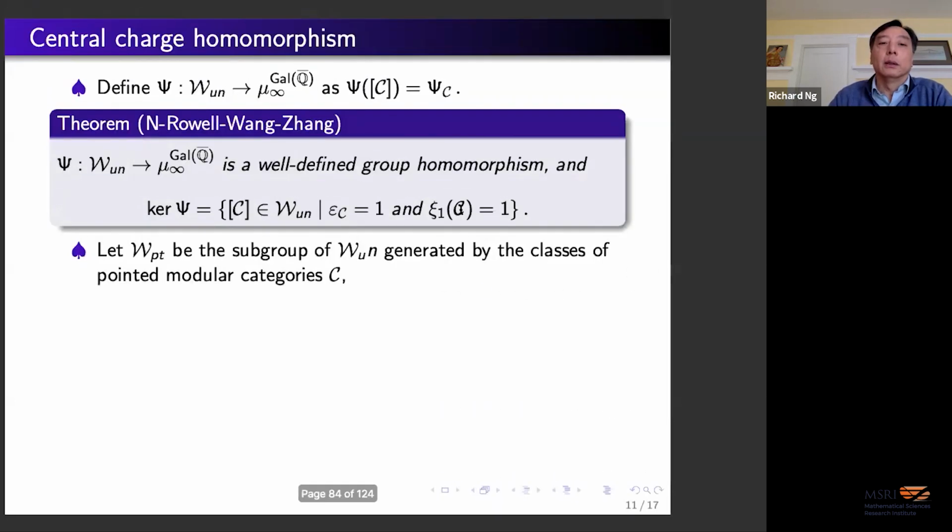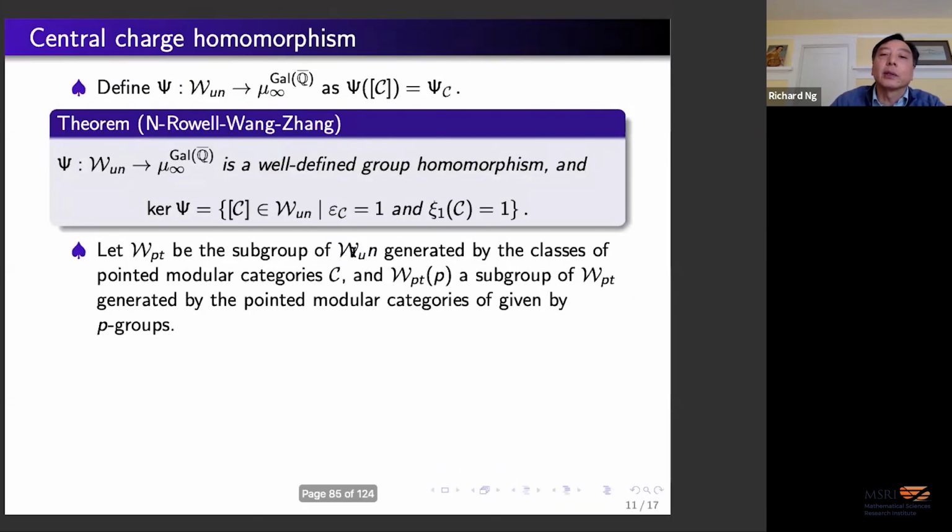Oh, I have a typo here. As usual, I write W point to be the subgroup of W sub UN, again, generated by the classes of pointed modular categories. The pointed modular categories are always pseudo-unitary, so no problem with that.